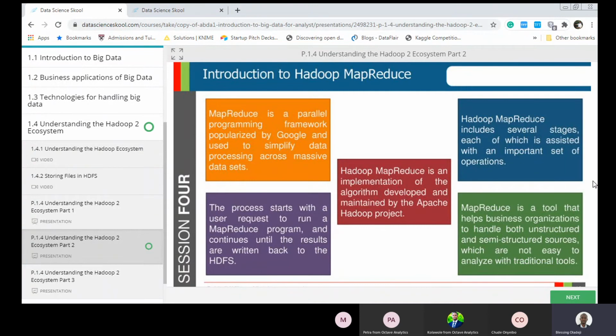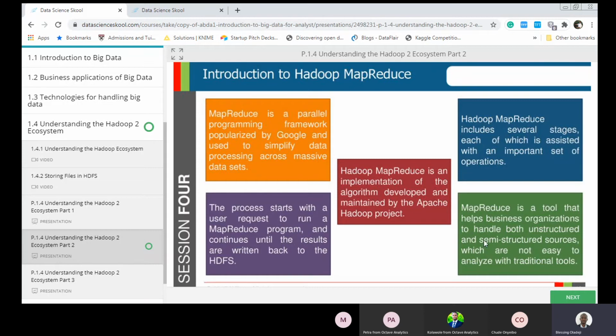The process for Hadoop starts with the user submitting a request to the MapReduce program or algorithm, and then that job or request is split, executed, and the result is combined and returned after it has been executed within the system.